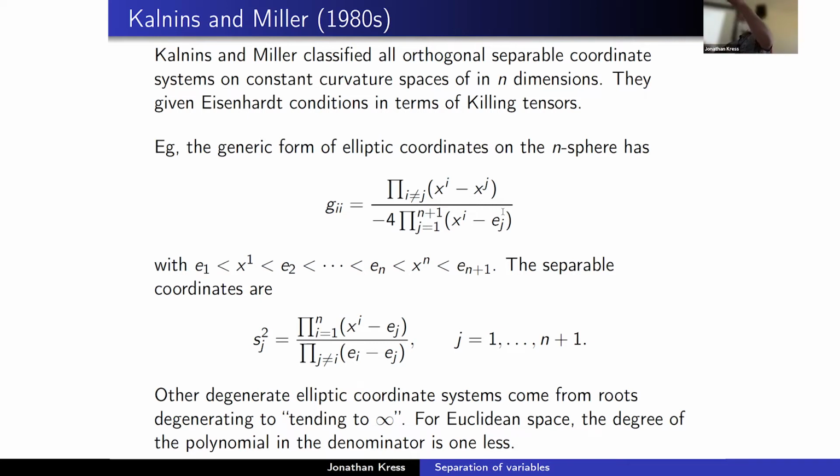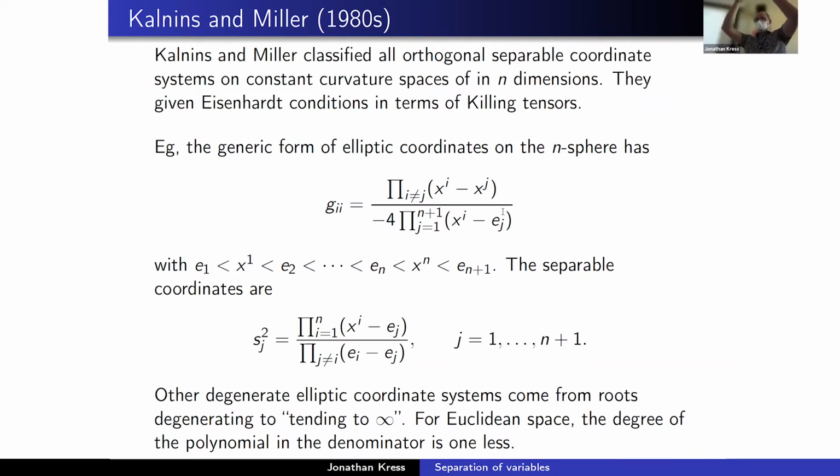Actually, as you allow e_1 and e_2 to go closer and closer together, you can animate this if you want and see how the surfaces compactify and jump to a new regime, which is a different set of degenerate elliptic coordinates. This isn't the only one; there's a whole lot of other ones. There's a hierarchy from the most generic one like this.